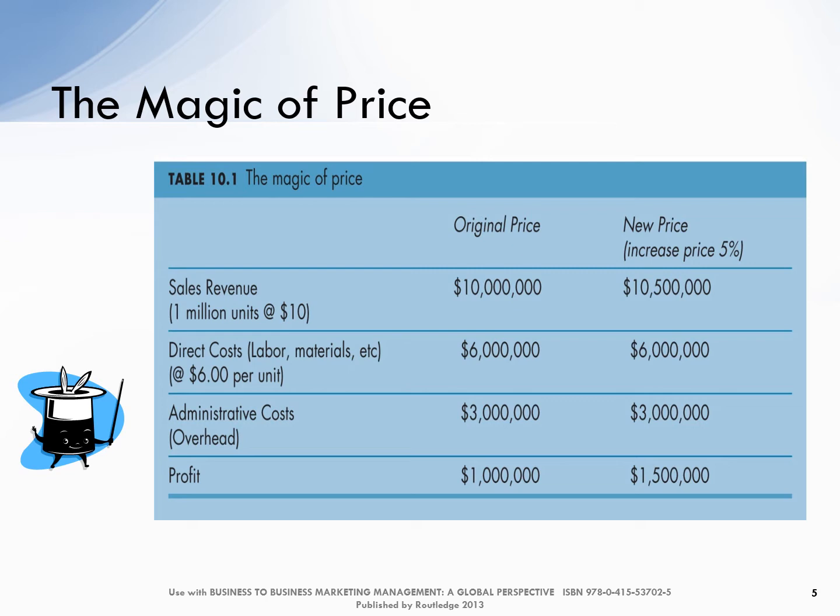The direct cost for making 1 million units remains $6 per unit for a total of $6 million, and the administrative costs also remain the same at $3 million.